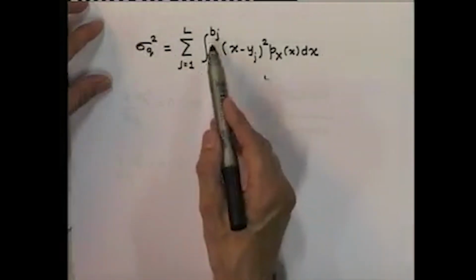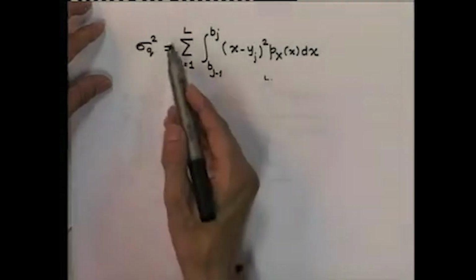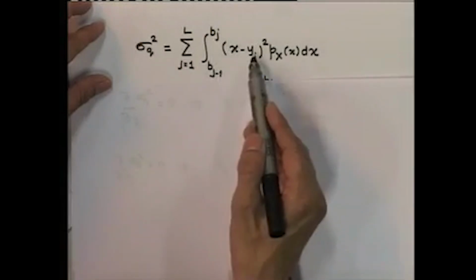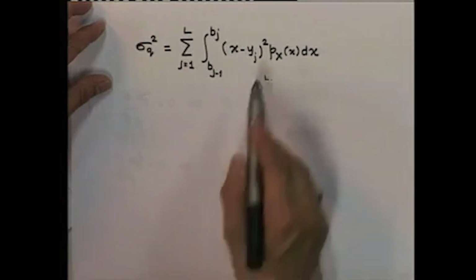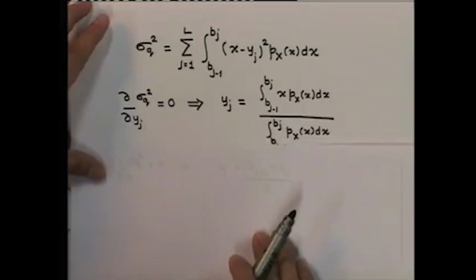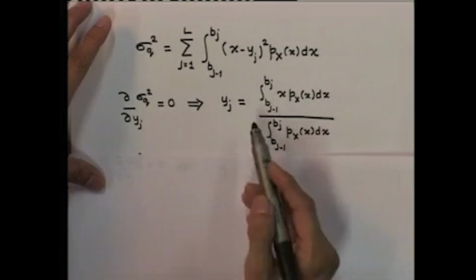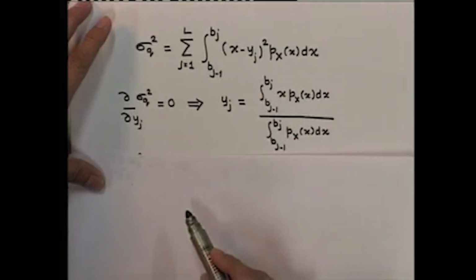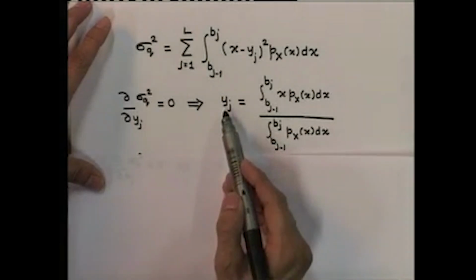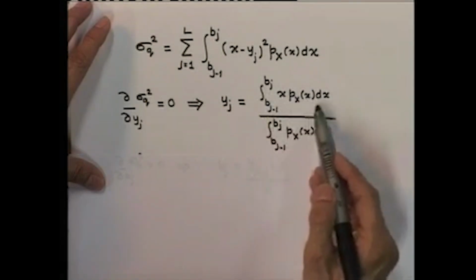Now, to obtain b_j's and y_j's, we can follow the following procedure. Setting the derivative of this equation with respect to y_j to 0 and solving for y_j, we will get the following expression. What this expression suggests is that the output point for each quantization interval is the centroid of the probability mass in that interval.